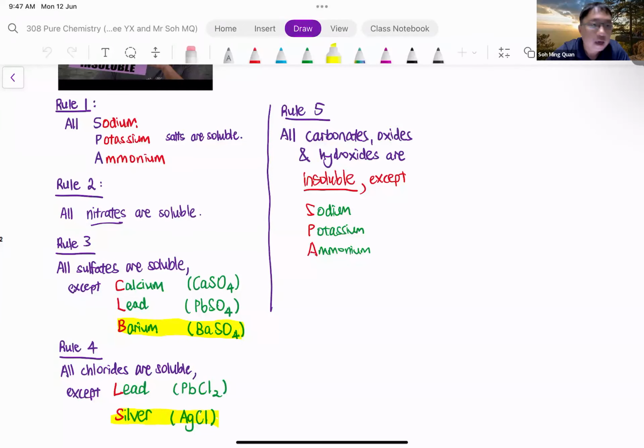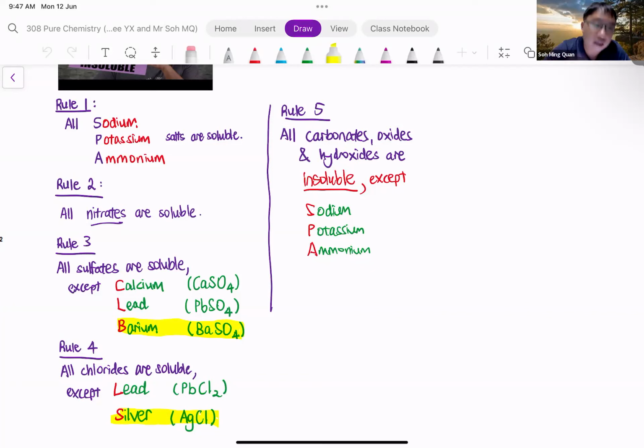Okay, now there's one more thing that I should add to these 5 rules. Beyond memorizing these 5 rules, you need to really know how to apply them. Obviously, this is important for salt preparation because SPA salts are prepared using a different method from the rest. Insoluble salts are prepared using a different method from the rest as well.